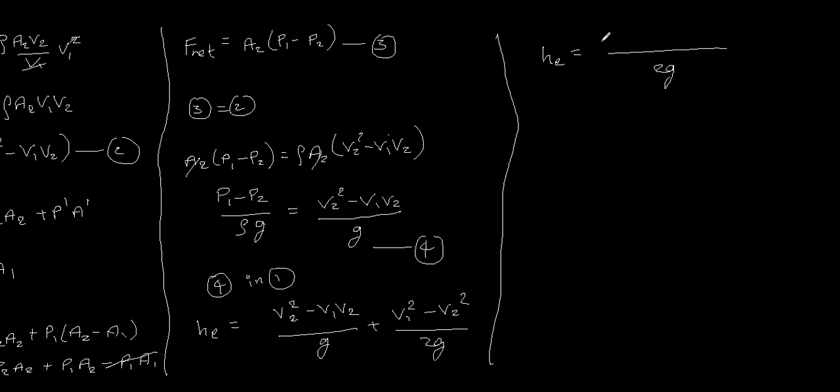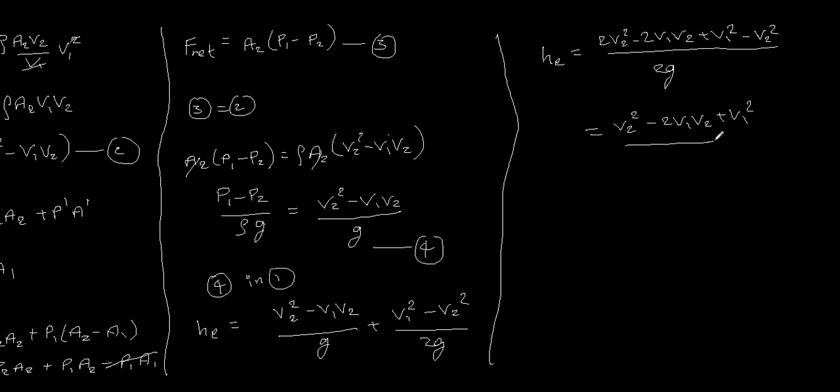So here we get 2 V2 square minus 2 V1 V2, and here when you multiply by 2g both cancel, so this term becomes V1 square minus V2 square.